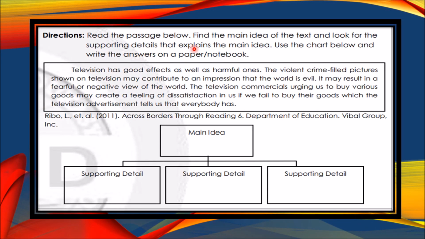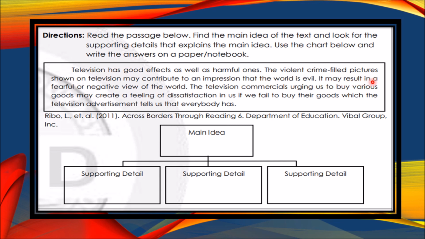Read the passage below. Find the main idea of the text and look for the supporting details that explain the main idea. Use the chart below and write the answers on a paper or in a notebook. So here, example for this text. Television has good effects as well as harmful ones. The violent crime-filled pictures shown on television may contribute to an impression that the world is evil.